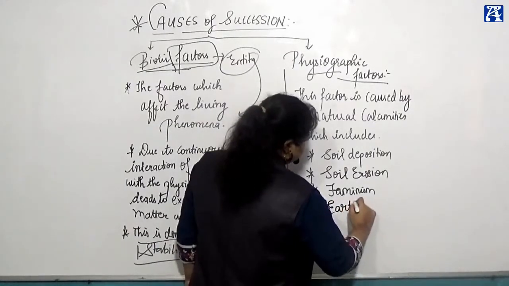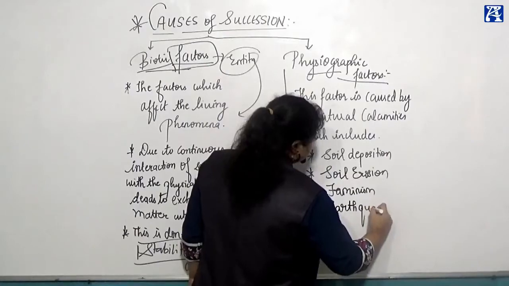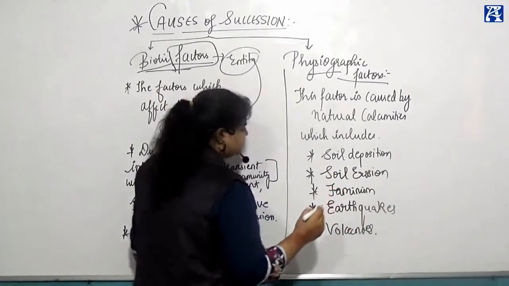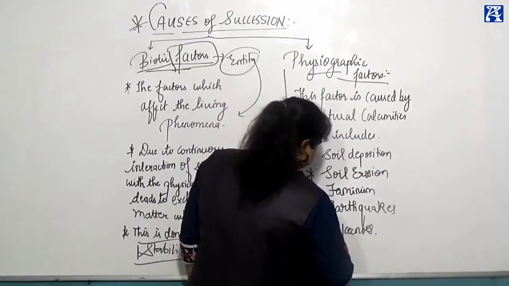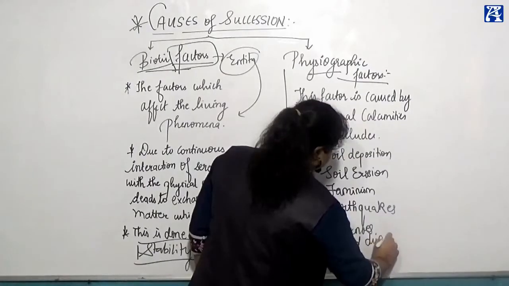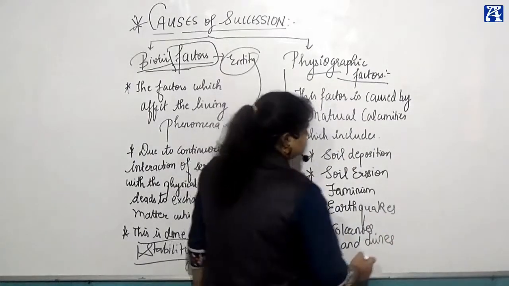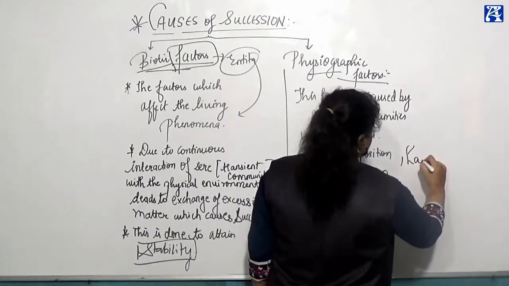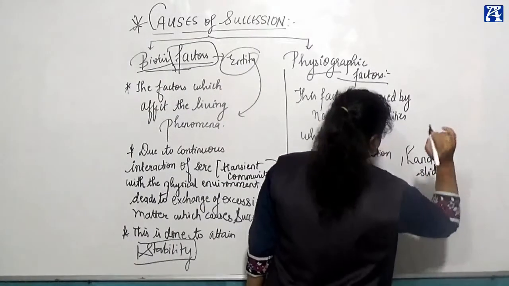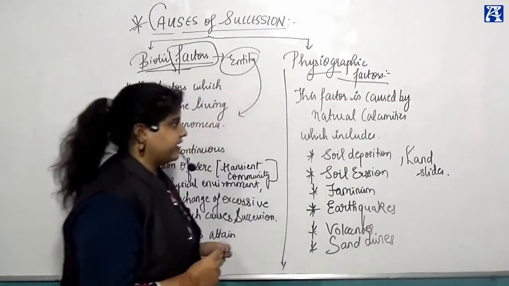earthquakes, volcanoes, etc. You can even take sand dunes. Landslides also can be included. What have I said, what are the physiographic factors?